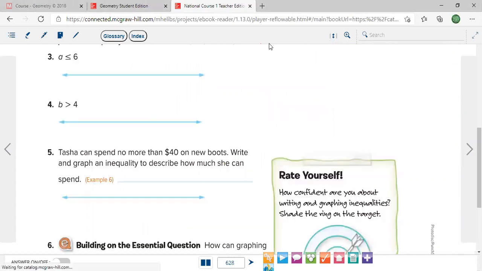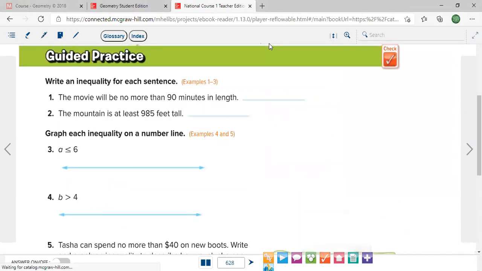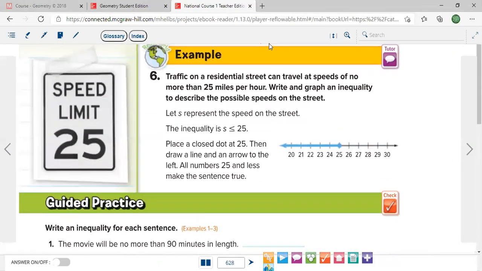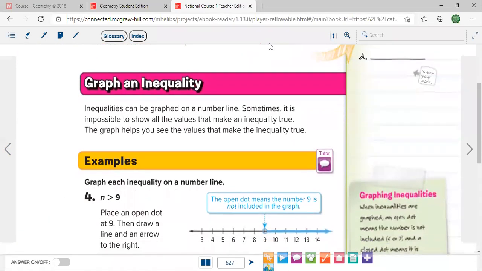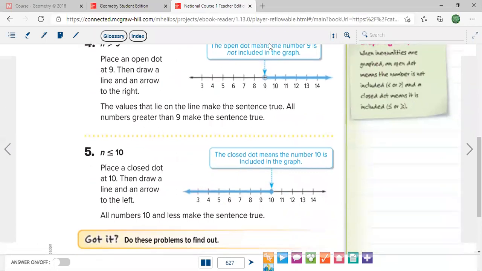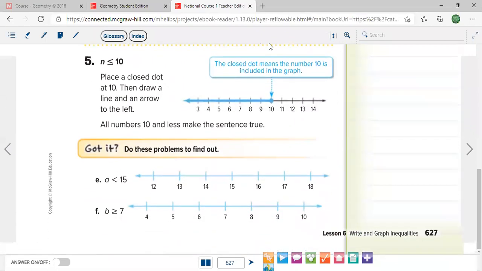Moving on. So we need to graph problem E and problem F. Here in problem E, A is smaller than 15.